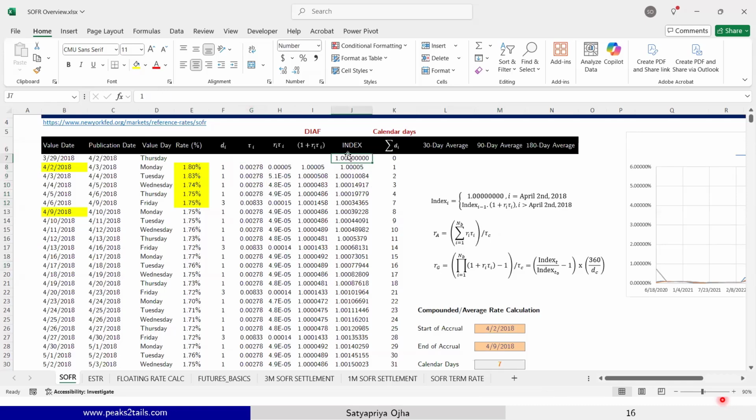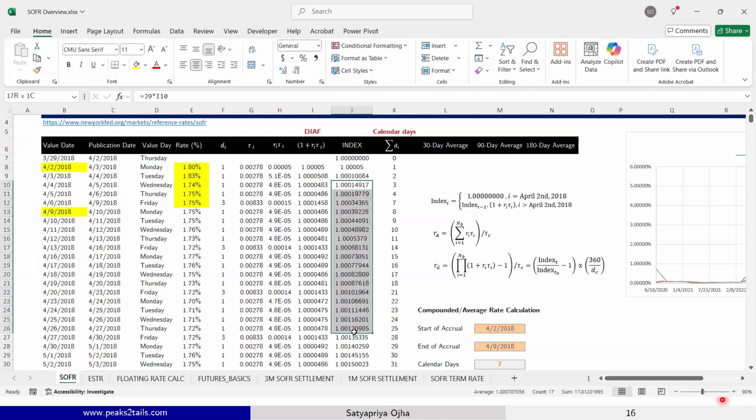So at the very beginning, we set a notional index as 1. That means growth factor is 1, and then we'll start compounding it, right? So this calculation is basically, the new index is the previous index multiplied by the growth factor 1 plus r tau. That is what I'm doing recursively, right? Next index is previous index multiplied by the growth factor.